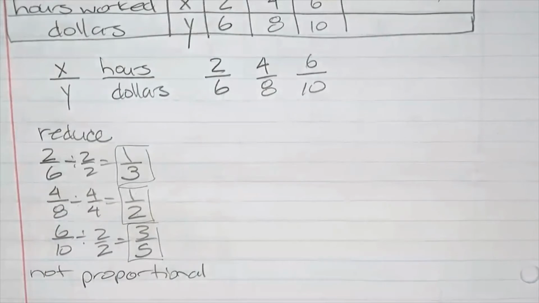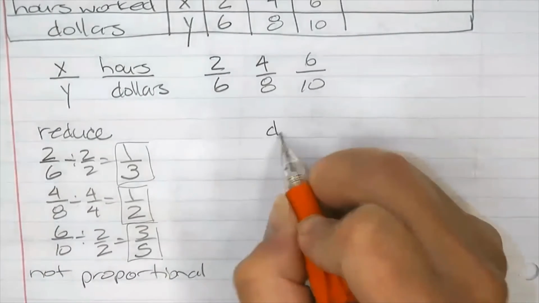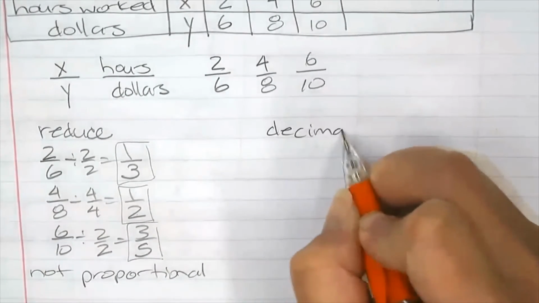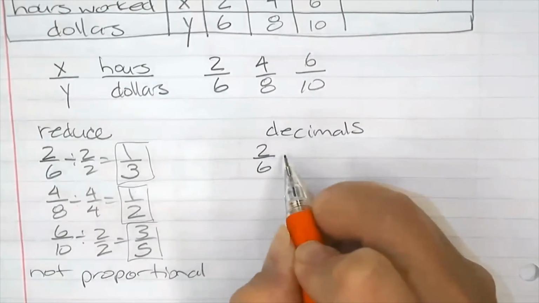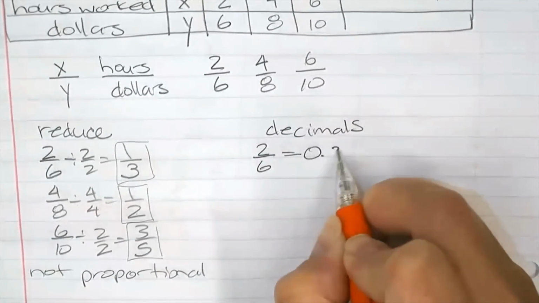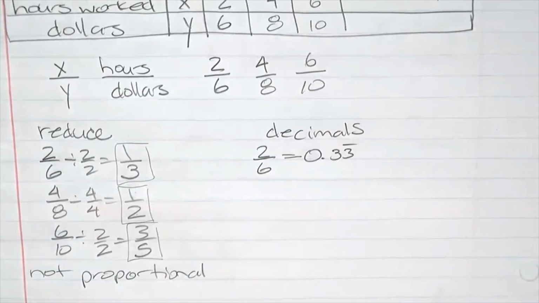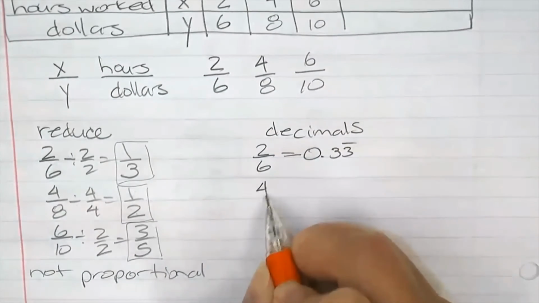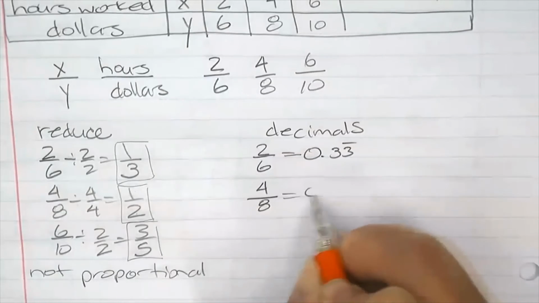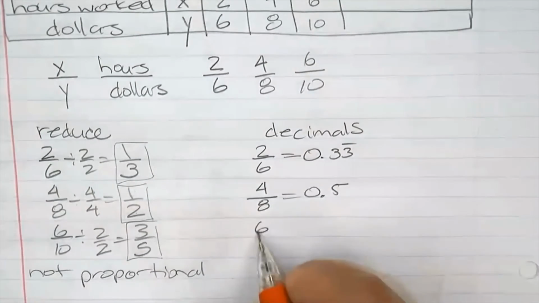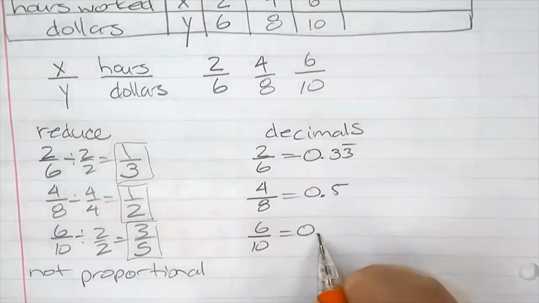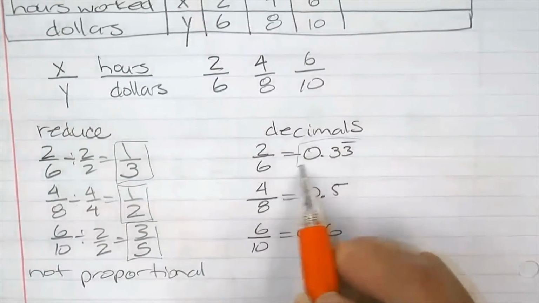We also learned we can turn the fractions into decimals. So this is 2 divided by 6. That equals 0.33. 4 divided by 8 is 0.5. 6 divided by 10 is 0.6. Look at our decimals.